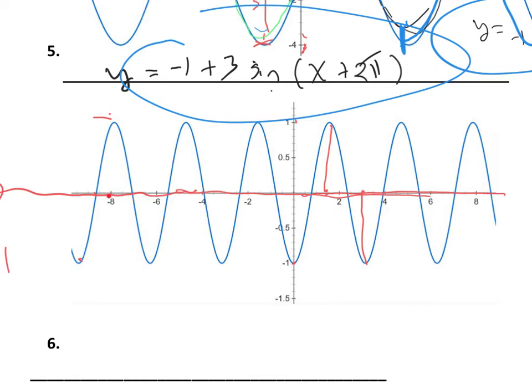Cosine curve starts here and ends here. I'm going to draw those just to show you. Sine curve could start here, go up, and stop right here. That would be one period of a sine curve.